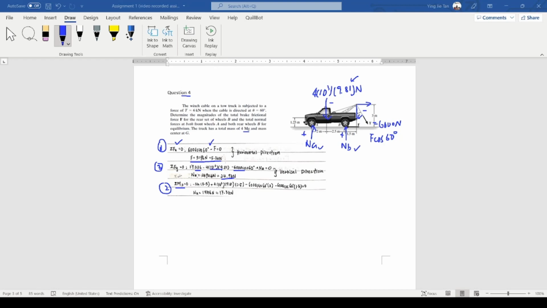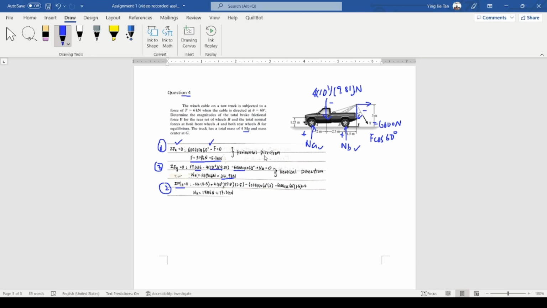Okay, here we go to question 4. So question 4, you need to write all of these to your image, then you can start to do. So first we do this one. We check with the horizontal direction.